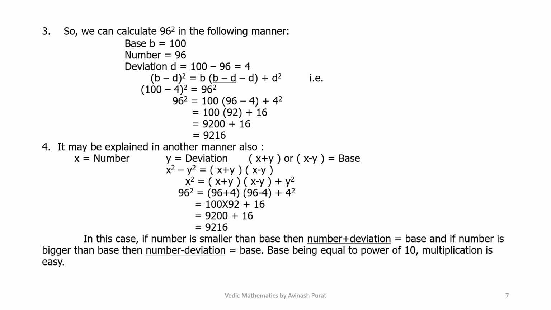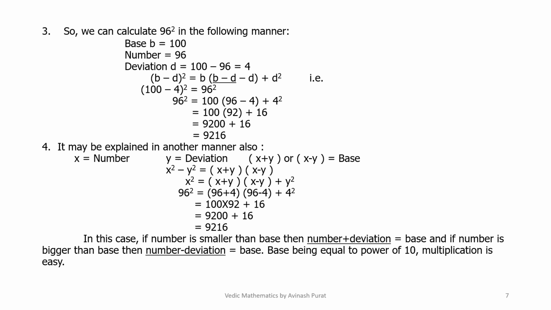So 96 squared equals 100 multiplied by (96 − 4) plus 4², that is 100 multiplied by 92 plus 16, that is 9200 plus 16 equal to 9216.